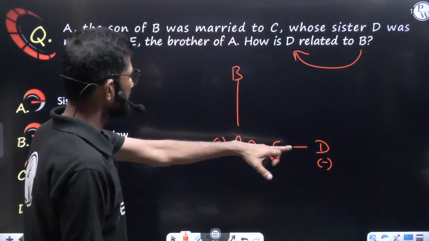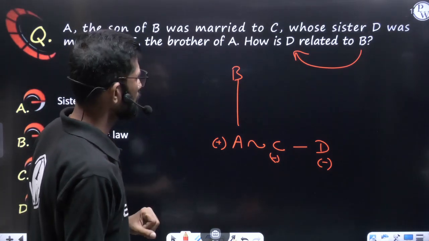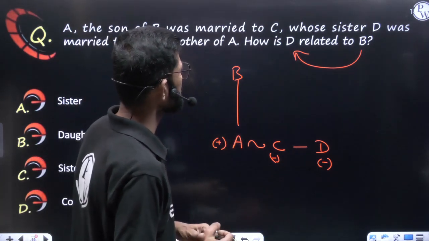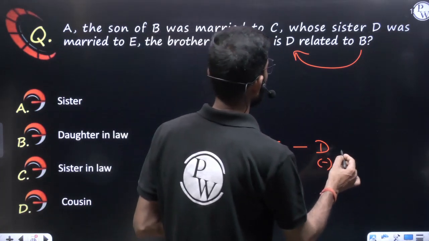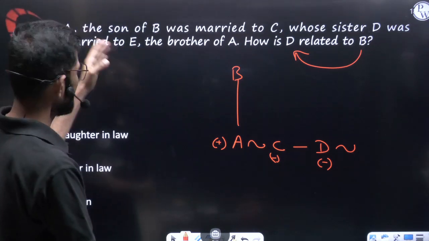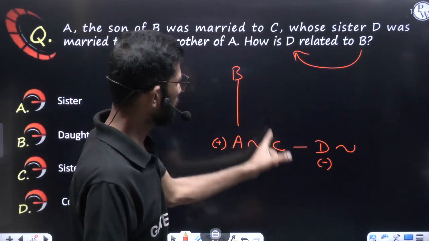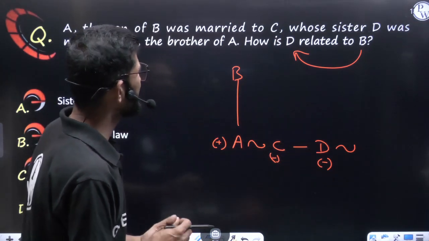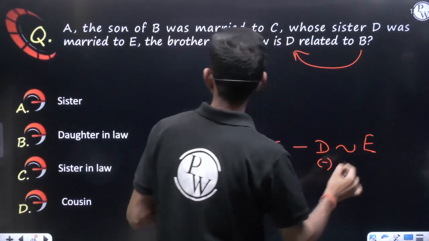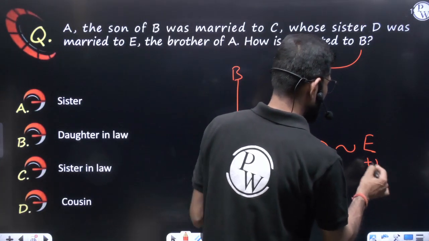C, whose sister D, was married to E. I think here we got the part: A, the son of B, was married to C. C, whose sister D, was married to E, the brother of A. E, the brother of A. So E is positive anyhow because D is female.